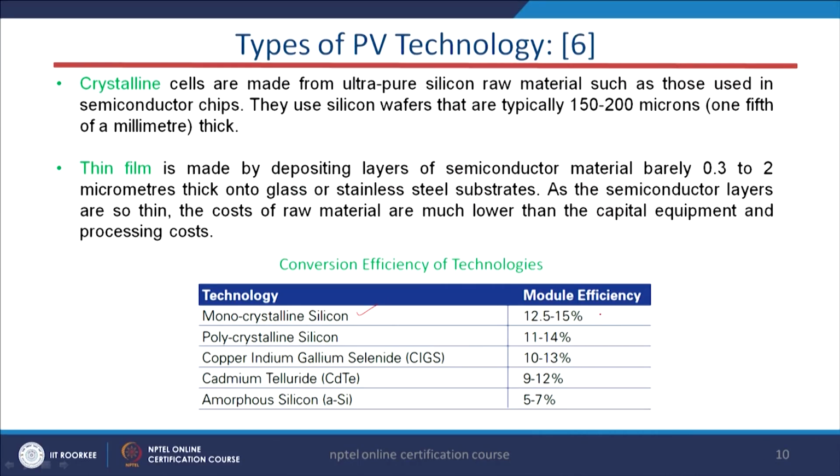If you see here monocrystalline silicon, the efficiency is 12.5 to 15%, and polycrystalline silicon is 11 to 14%, and so on. Finally, amorphous silicon is 5 to 7%. Of course, that is what the researchers work on. We have to develop such a material for the solar cell so that it will be more efficient and more reliable. That is what the research is about.